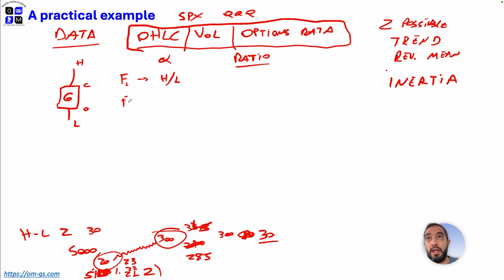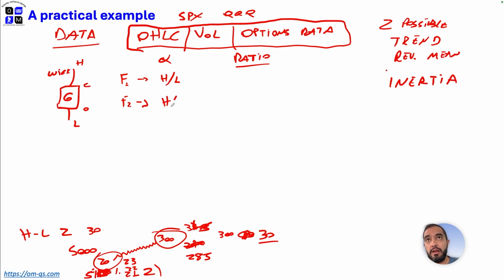Now, a second feature that you will have is the distance between the close and the high, or the open and the low. Here we are assuming we have a green candle, but exactly the same rationale is valid for any candlestick direction. This one is called the wick, right?